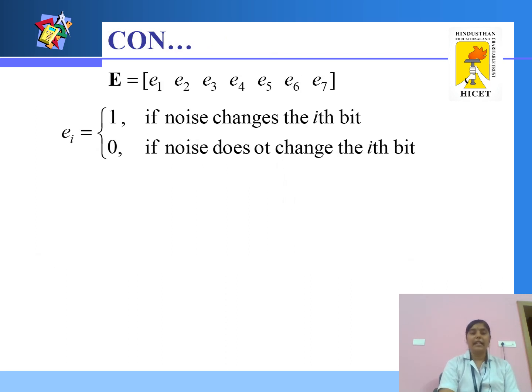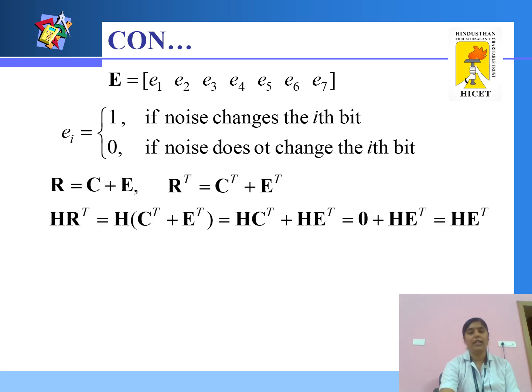Now we consider E equal to E1, E2, E3, E4, E5, E6, E7. Ei is 1 if noise changes the ith bit, and 0 if noise does not change the ith bit. That is, R is equal to C plus E, so R transpose equals C transpose plus E transpose.